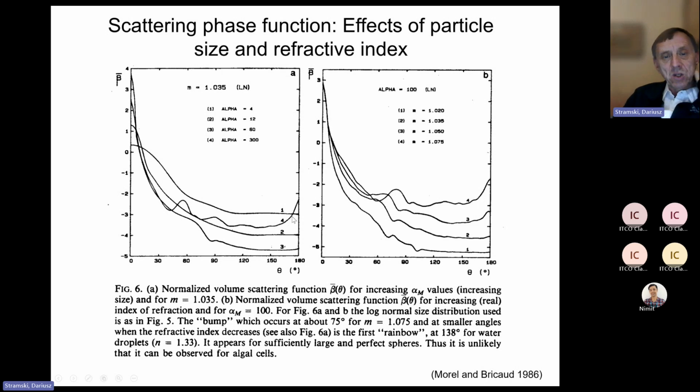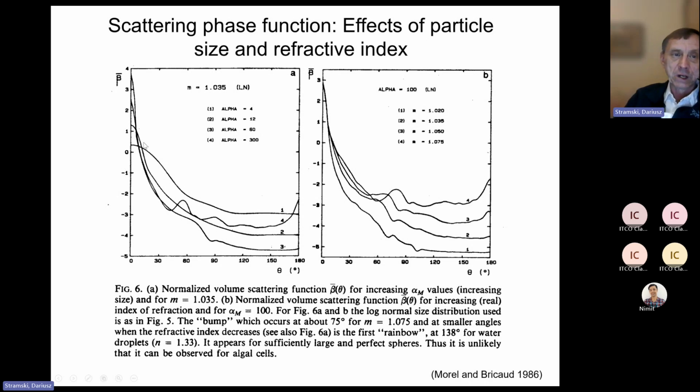But basically the message here is if we have a small particle, small alpha, the shape of the function has a relatively high contribution of backscattering to total scattering, although forward scattering dominates in all cases here. And if we increase the size, we see the functions are much more peaked into forward directions and are very steep here. This forward peak, or forward lobe, is produced primarily by the diffraction effect.